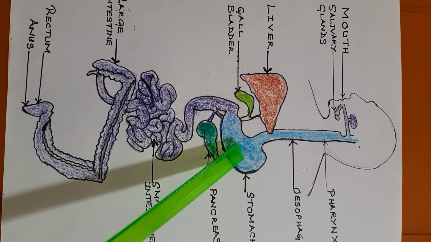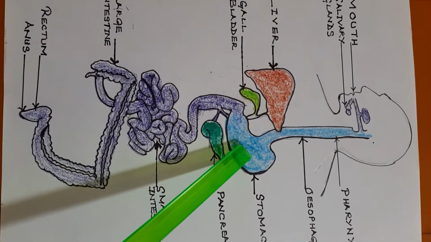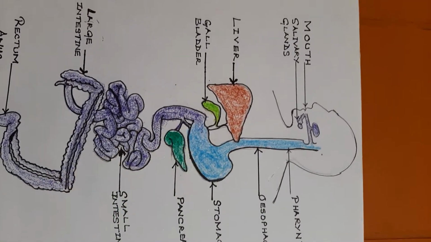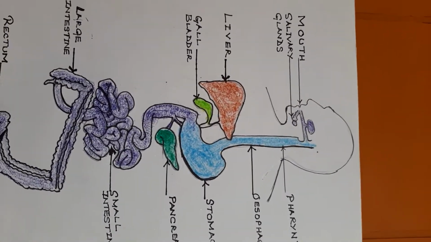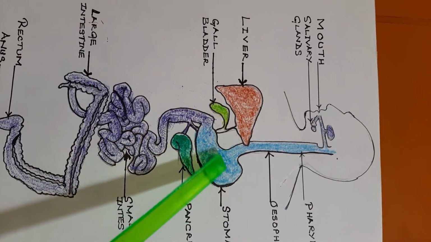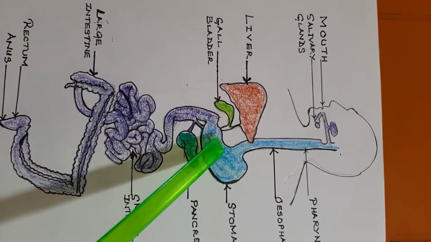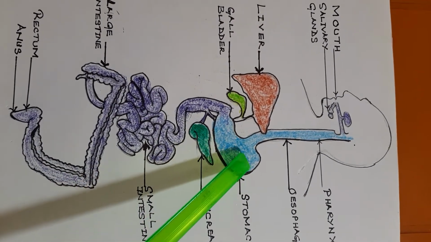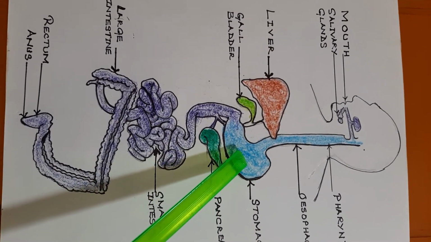After a lot of churning, the food turns into another form known as chyme.